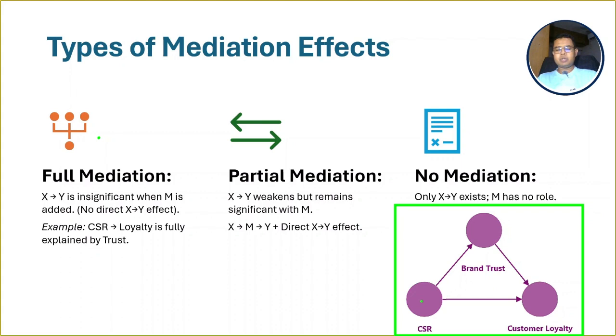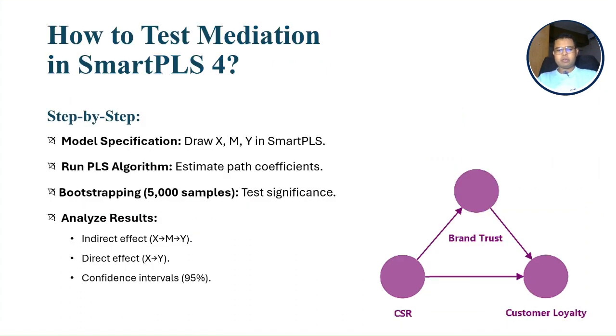So we can only investigate the relationship between these two variables. This is no mediation; we don't need the brand trust. So we can go further. How can we do it using SmartPLS 4? There are some steps.